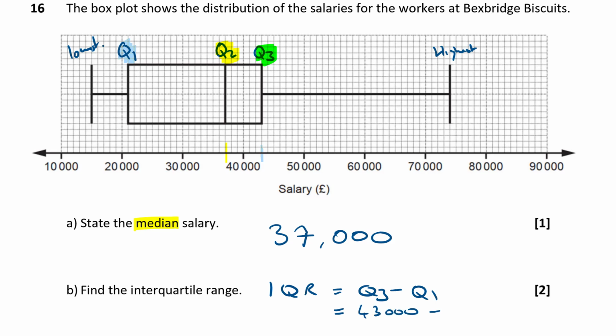And then Q1 is down here, that's at 21,000. Then subtract one from the other, and that is your interquartile range. 43,000 subtract 21,000 is £22,000. Put a pound sign in. So that's the median and the interquartile range.